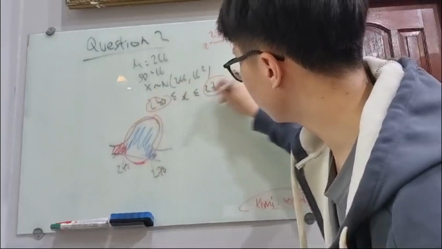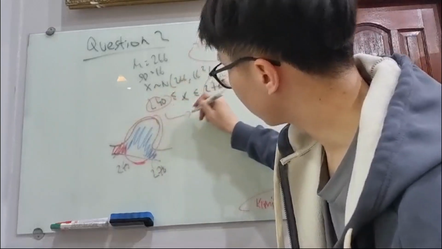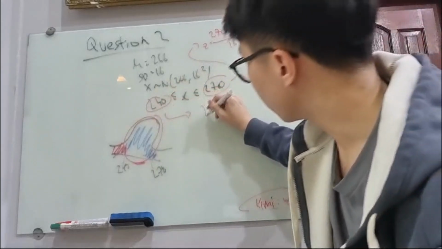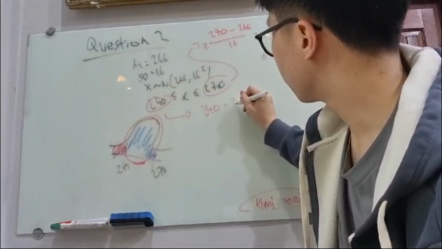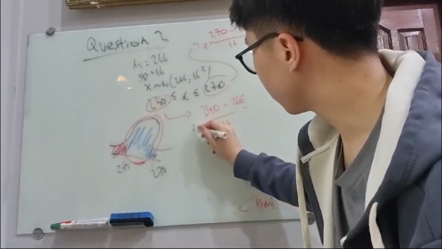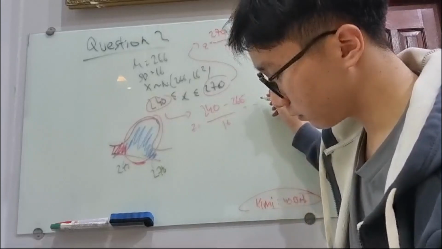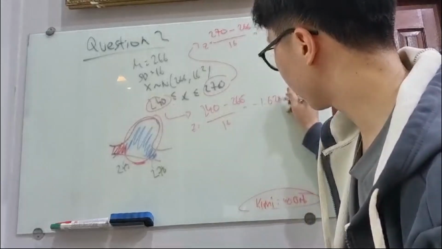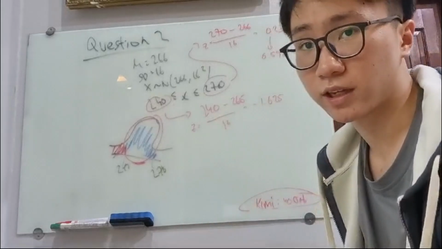For 240, we do the same thing. 240 minus the mean divided by the standard deviation, and we get the z value of negative 1.625. Again, there are two ways to solve this, just like the question we've done before.